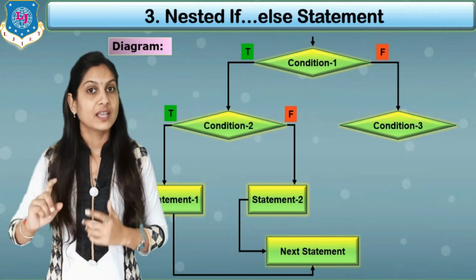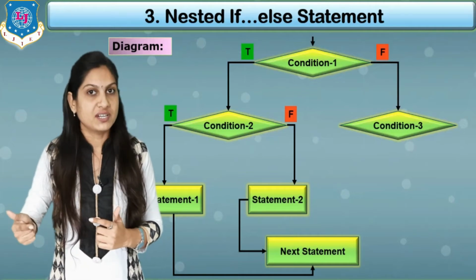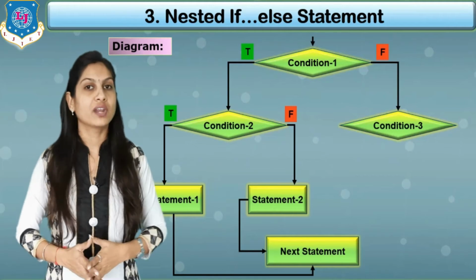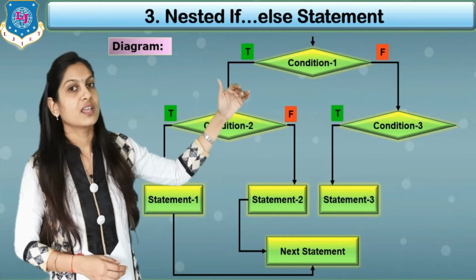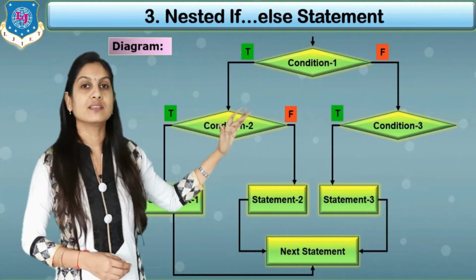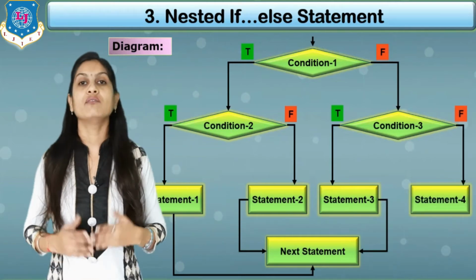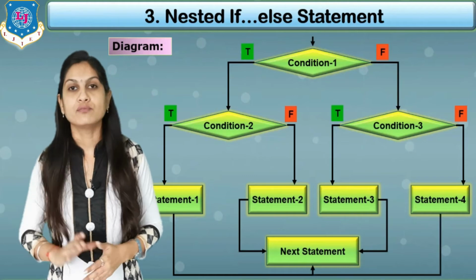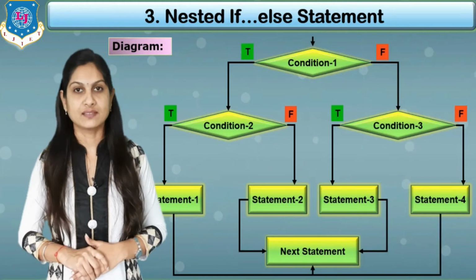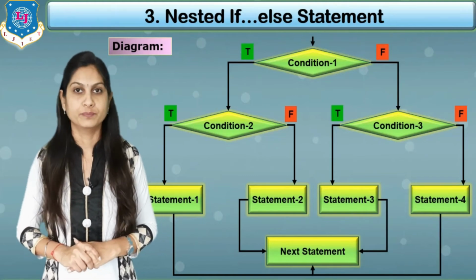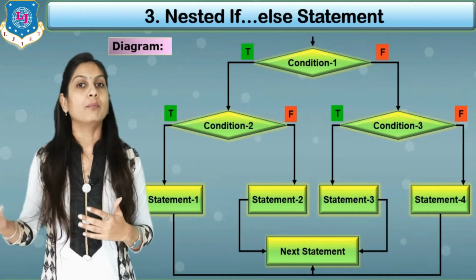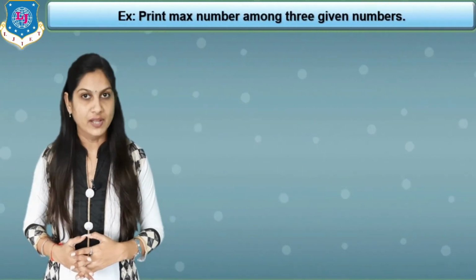Inside else again a condition is there, condition number 3. If condition 3 is true, statement 3 will be executed, and if condition 3 is false, then statement 4 will be executed and the next statement follows. So likewise we can apply nested if else.